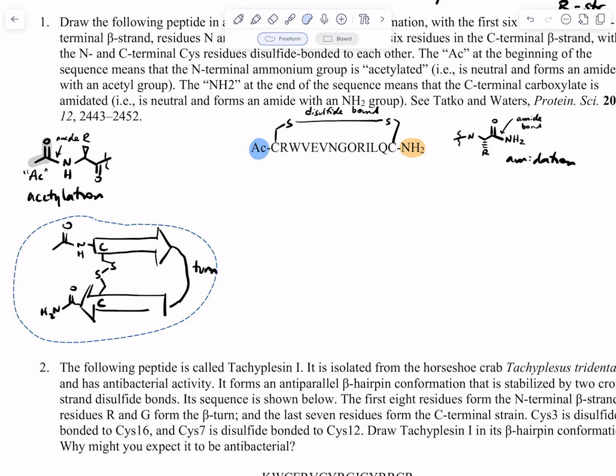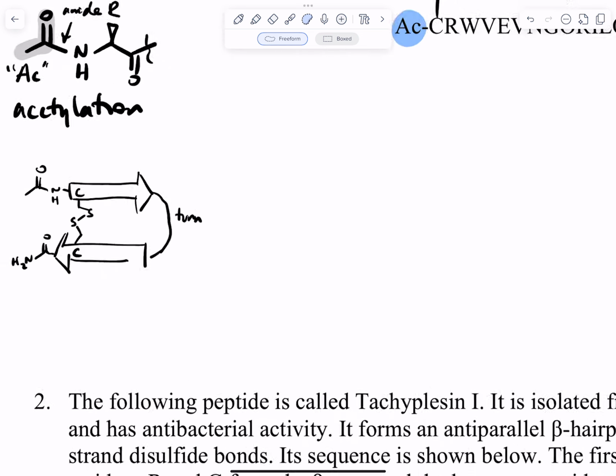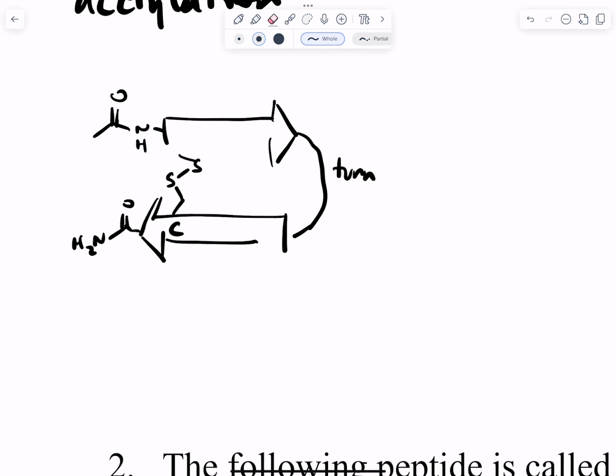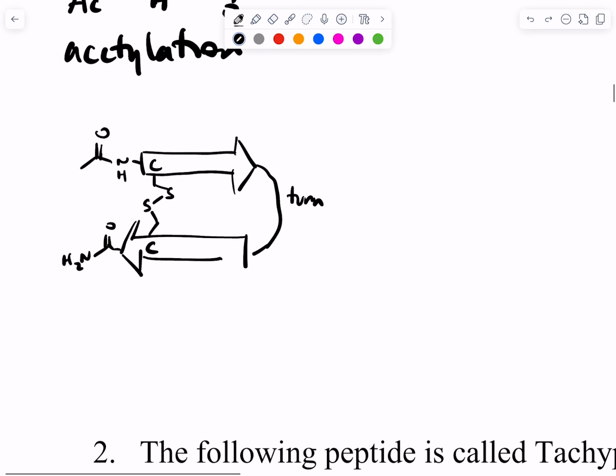And one of the things that holds this molecule together in a hairpin is the fact that cysteine 1 and cysteine 14 are forcibly covalently linked to each other. They can't get apart. And that helps constrain this molecule to be in this beta hairpin conformation.